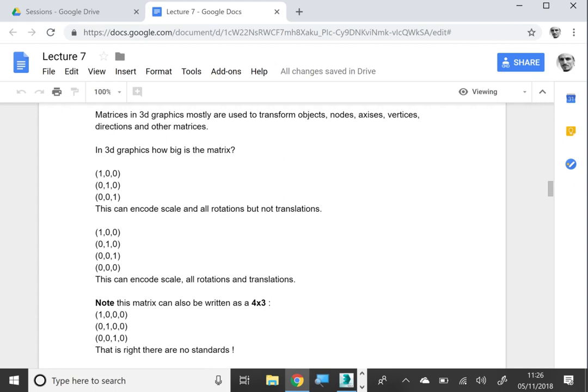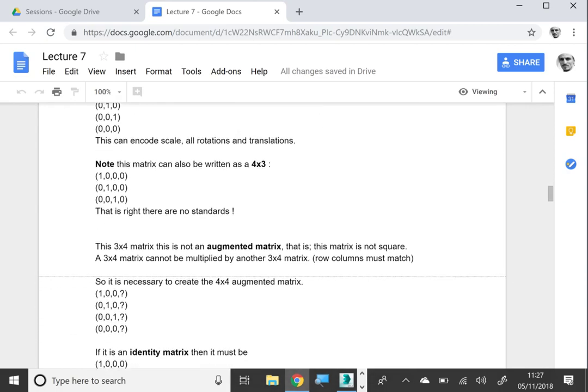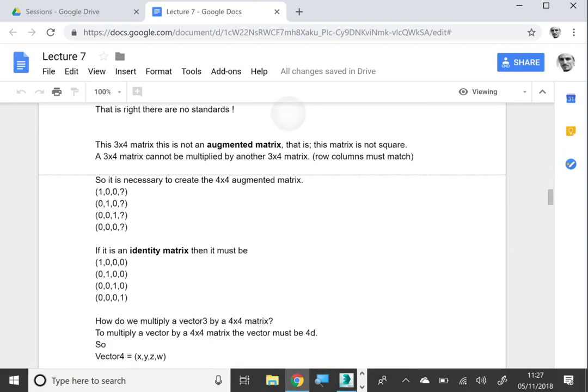So you can see this has got 3 columns, 4 rows. This has got 3 rows and 4 columns. Depending on the game engine and the programmer, they just pick randomly. Great. However, we're just worried about the principles, not the practicalities.